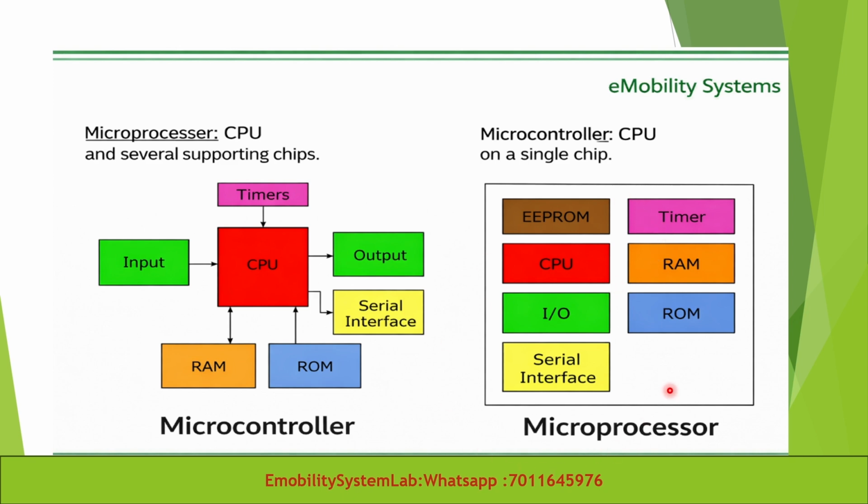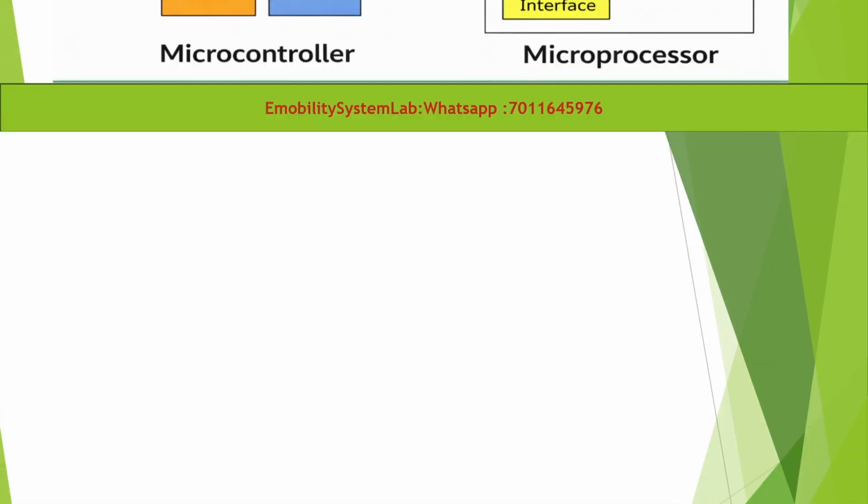But in a microcontroller, all the peripherals are inside on the same chip, that small chip. So EEPROM, timers, RAM, CPU, input and output pins, ROM interface, with all these peripherals your CPU will communicate.